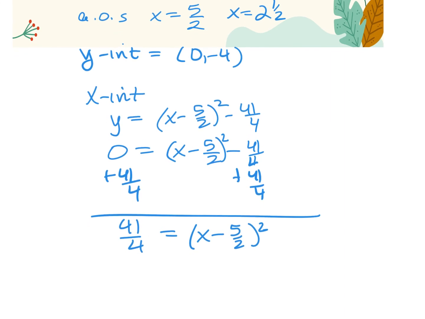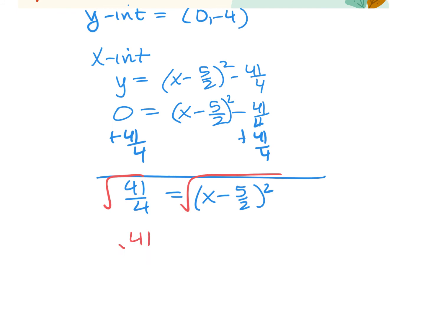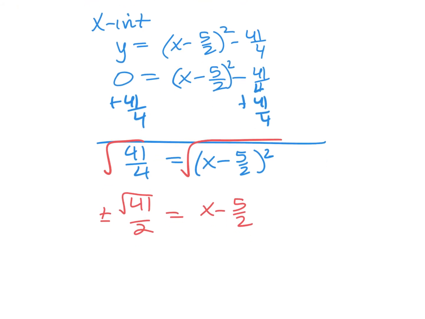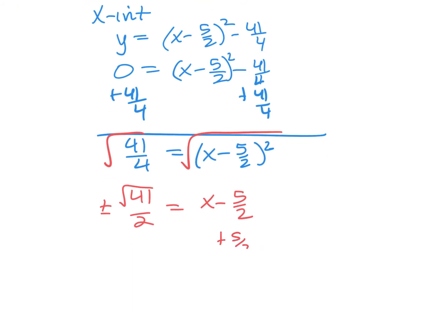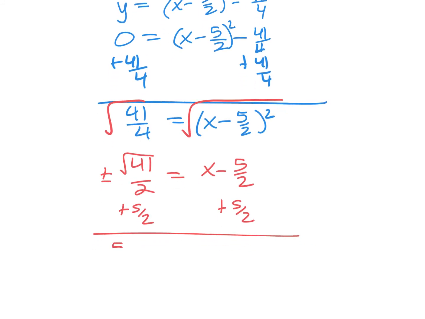Apply the square root method. I get the square root of 41 over 2, plus or minus. Then I move the 5/2 over. 5 over 2 plus or minus square root 41 over 2 equals x.